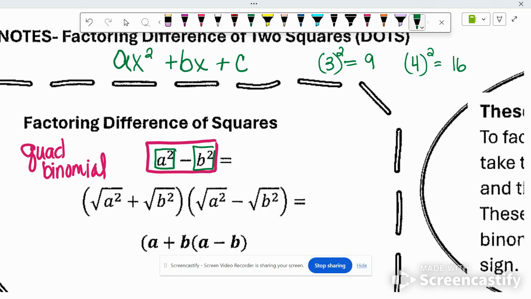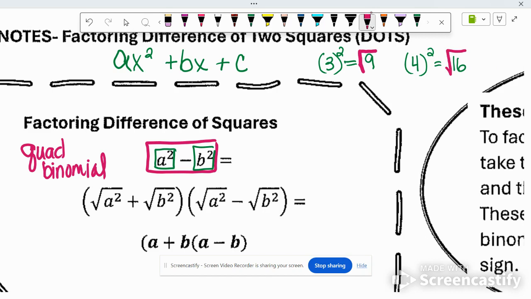So these are called perfect squares. So when we factor the difference of two squares, it means that you have two perfect squares. Well, how do you unsquare something? We've done that before. Yeah, if I want to unsquare something, I find the square root of it.